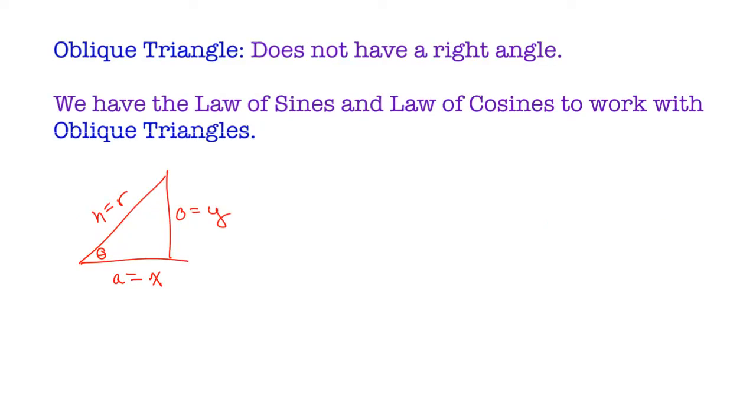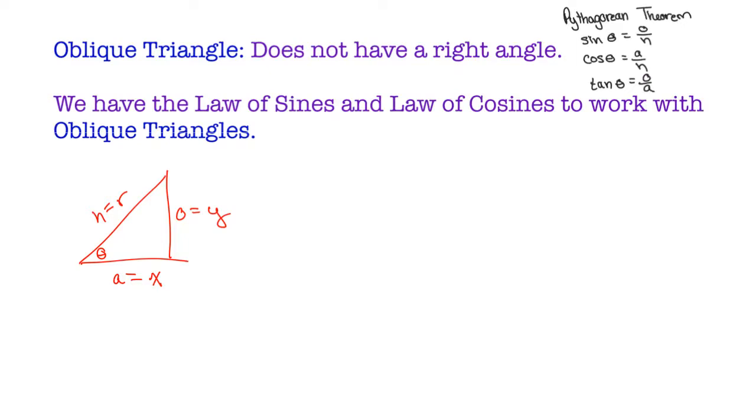Okay, so an oblique triangle is a triangle that doesn't have a right angle. So now we're looking at, okay, what happens in a situation if we're not looking at a right triangle? Just remember, for a right triangle we have the Pythagorean theorem to be able to find side lengths, and then we have sine of theta is equal to opposite over hypotenuse, cosine of theta is equal to adjacent over hypotenuse, and tangent of theta is equal to opposite over adjacent.